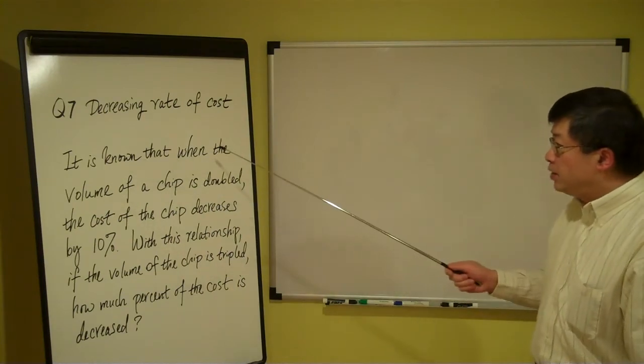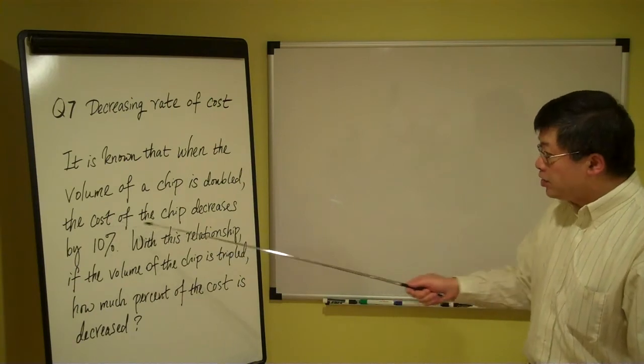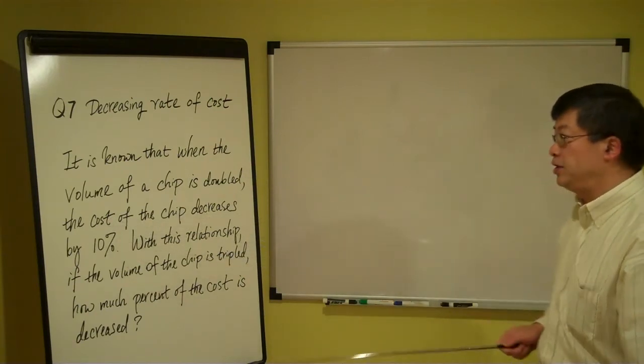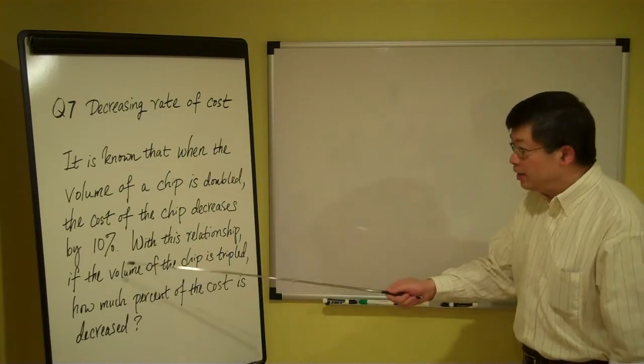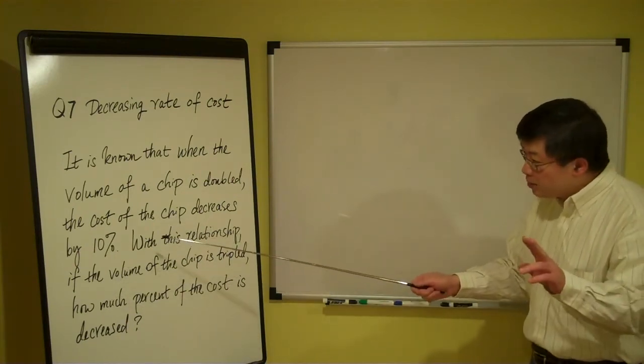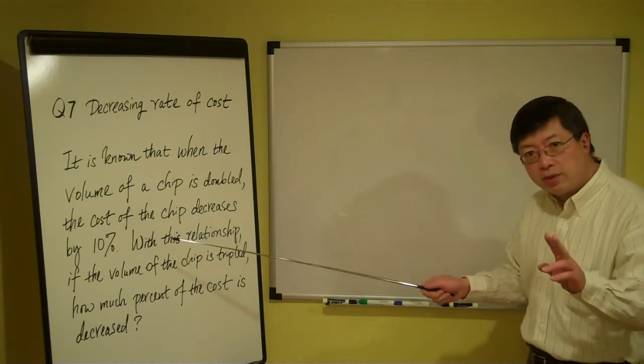It is known that when the volume of a chip is doubled, the cost of the chip decreases by 10%. With this relationship, there is some assumption. What kind of relationship?